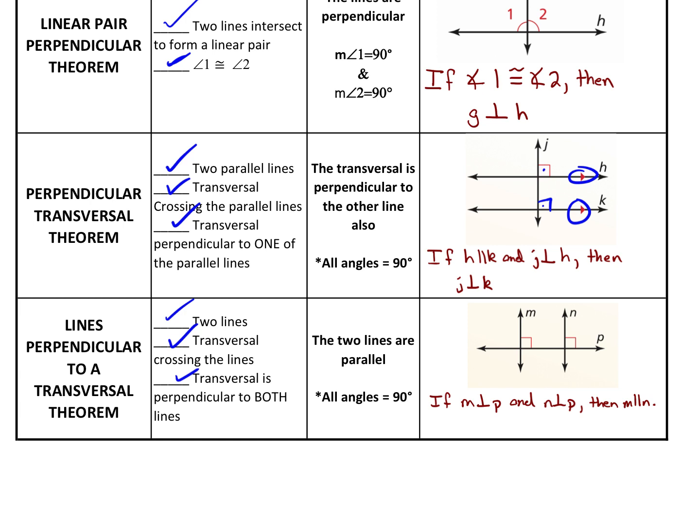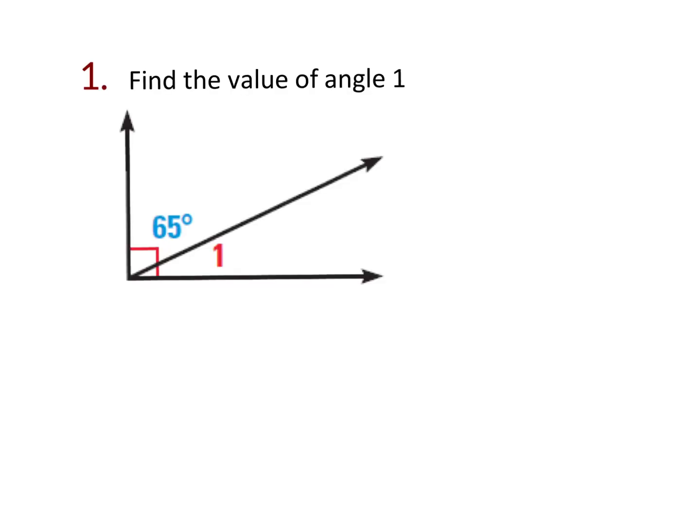Okay? Any questions on this, on the theorem part? All right, let's go to some examples. Example 1, find the value of angle 1. All right, so these first couple examples should just be kind of a review of what we've been doing before, right? So we know the big angle adds up to equal how much, Monica?